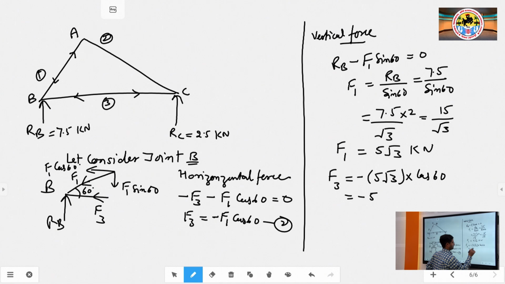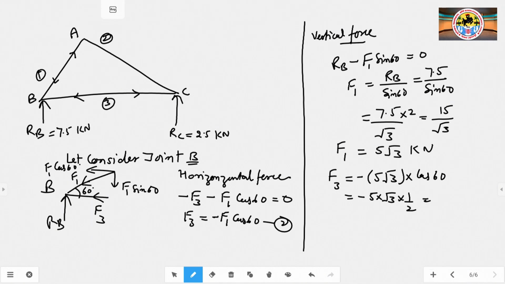Cos 60 has the value 1 by 2, so it becomes 5 root 3 by 2 kilonewton. Now, this one is a negative value and this one is a positive value. This positive value means that whatever direction we have assumed for force 1 is correct, and for F3 the value of the force is minus 5 root 3 by 2, and this value is negative.